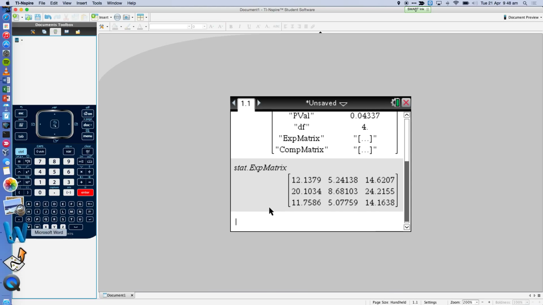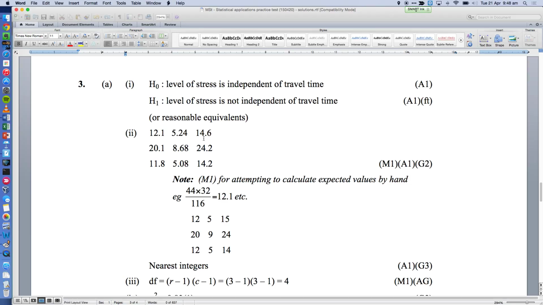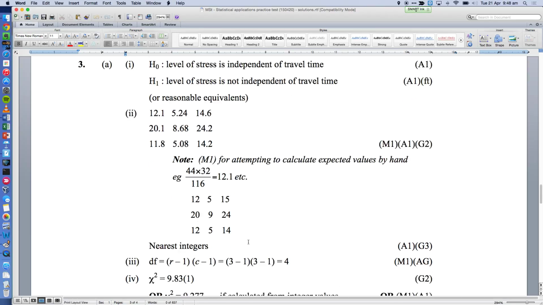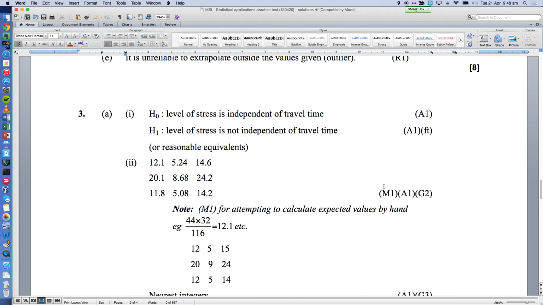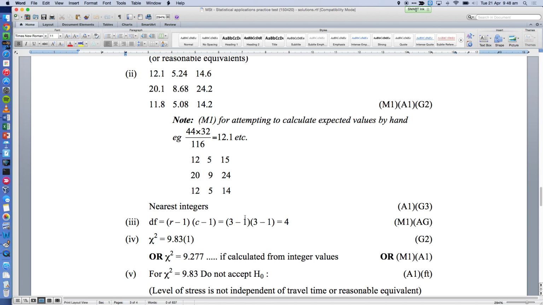And if we look at our results there, here they are, 12, 5, 15, 29, 24, 12, 5, 14, exactly right. So you do get a note if you do attempt to calculate values by hand, but you don't need to, okay? You can get all of this just by putting down to the nearest integers the 3 marks there.